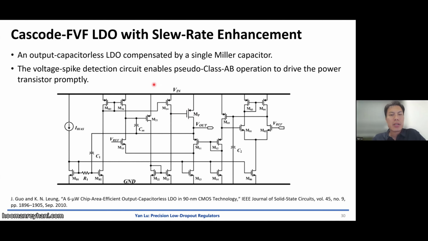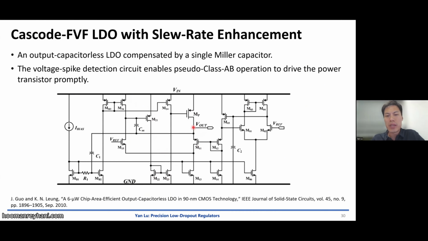Okay, this is a widely cited paper, an output capacitor-less LDO with a Miller compensation. The output is here, and the middle part is the folded cascode FVF with additional stages.